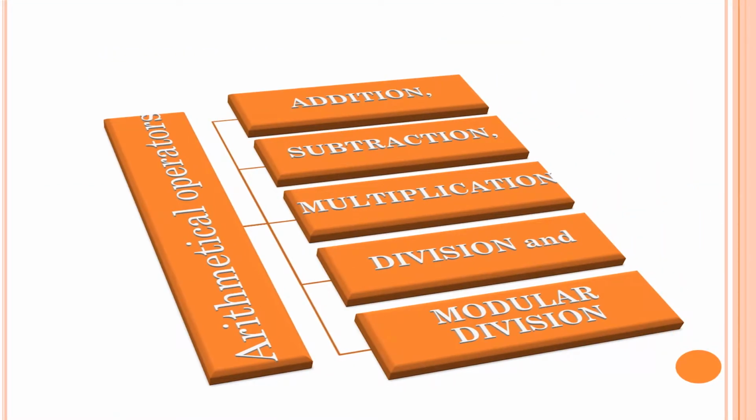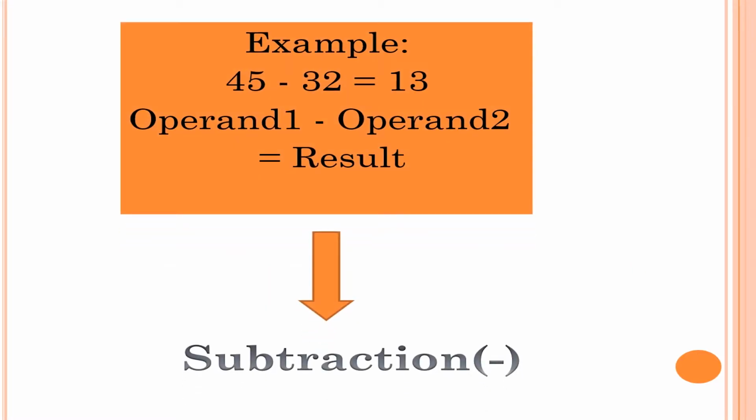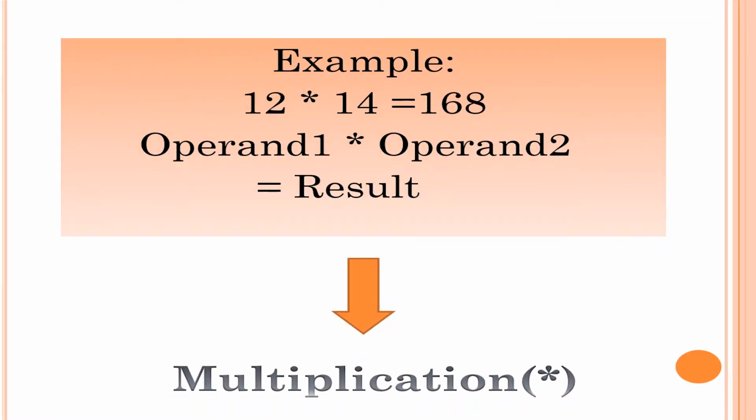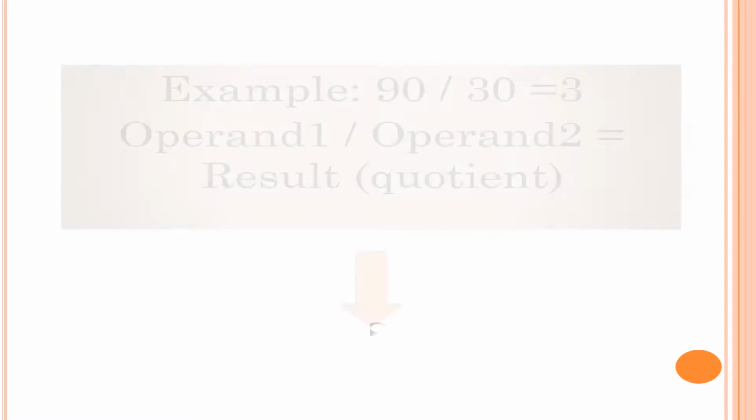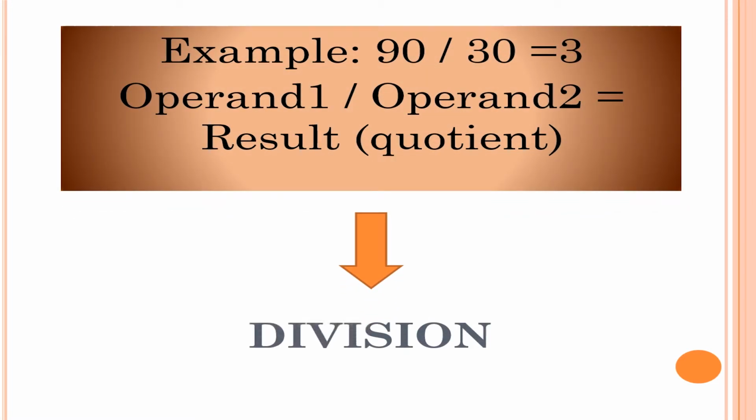Other arithmetic operators include subtraction, multiplication, division, and modular division, etc. In subtraction, we subtract two numbers as we have seen in the example. Multiplication is used to multiply numbers. Division, in which we use the / division symbol to divide the numbers.